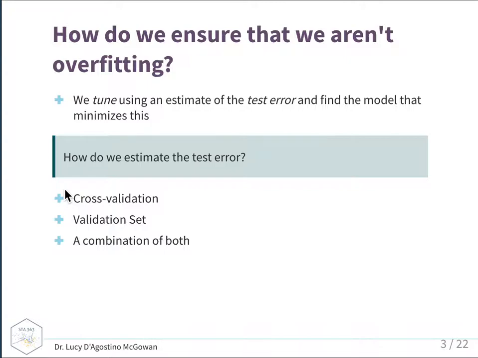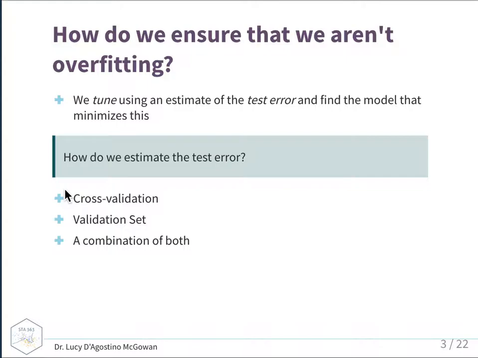And then several times during the class, we've used a combination of both. At the beginning of an analysis, you split your data into training and test data sets, then you use cross-validation on the training data to pick the right model, and then you assess how well that model did on your left-out testing data. And just to reiterate, if you have the data, if you can afford to do that, if you have a large enough sample to split, that is a good way to do it. But often we don't have enough data to do that initial split, which is okay.